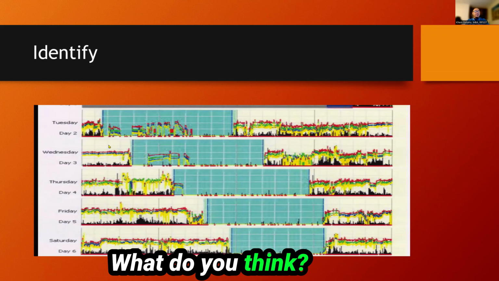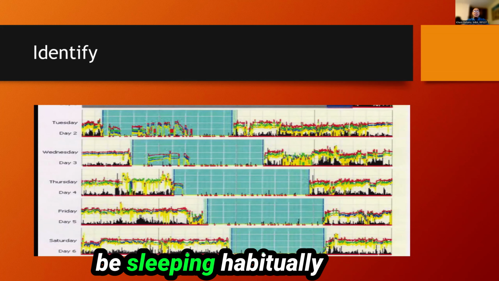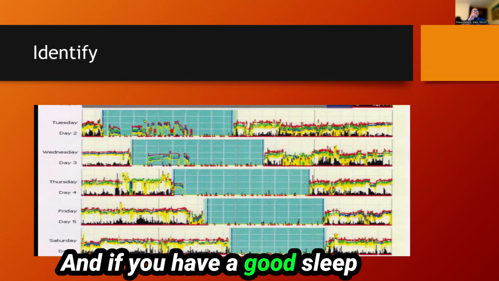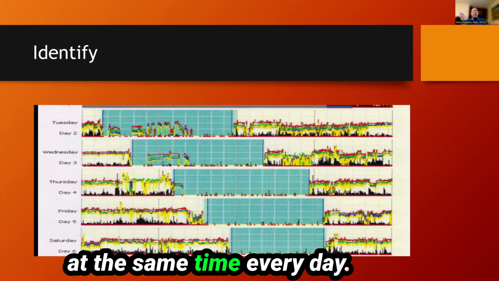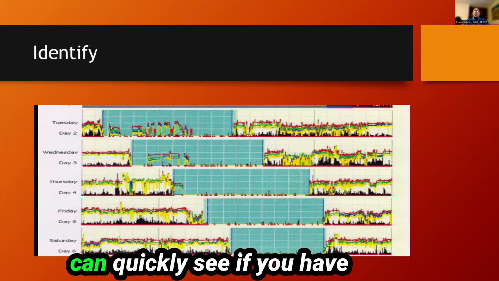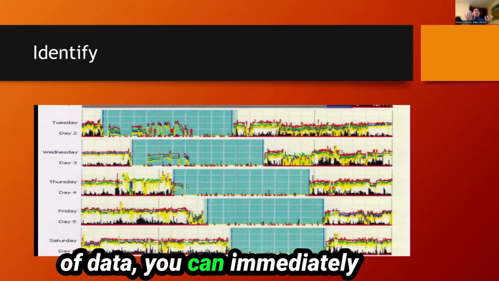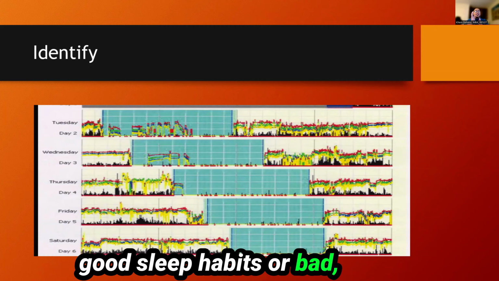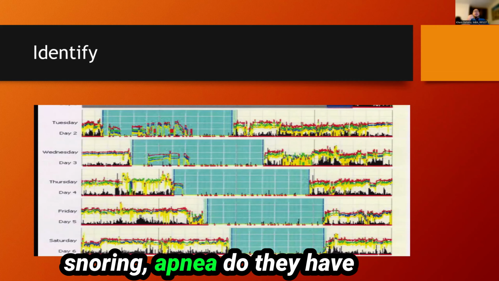What do you think? If you have good sleep hygiene, you should be sleeping habitually at the same time, and you should also wake up or get out of bed at the same time every day. I say this because if you have a graph of 2 weeks' worth of data, you can immediately tell if the patient has good or bad sleep habits without even looking yet at whether they have snoring, apnea, or leg movement.